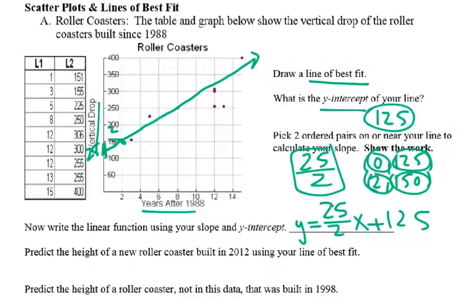Okay? So now it wants us to use this line of best fit to kind of predict what's going to happen. So it says, predict the height of a new roller coaster built in 2012 using your line of best fit. Okay, now the way they label this is they say years after 1988. So that's 1988. So at 2 would be 1990. Okay, then 2 more, 92, 94, 96, 98, 2000, 2002.